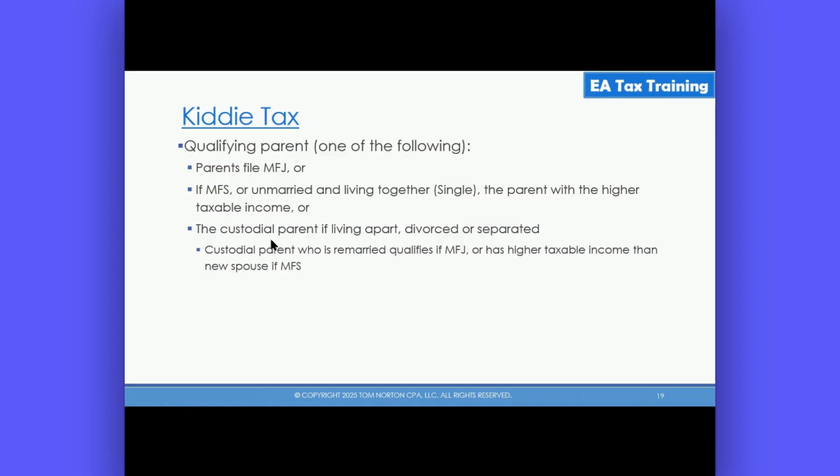If the parents are living apart, divorced or separated, then the custodial parent is going to default to the one who includes the child's income on their tax return. If the custodial parent is remarried and filing married filing jointly, then they qualify. Or if they're filing married filing separately with their new spouse, they qualify if their taxable income is higher than their new spouse's taxable income. So that is it for the kiddie tax.